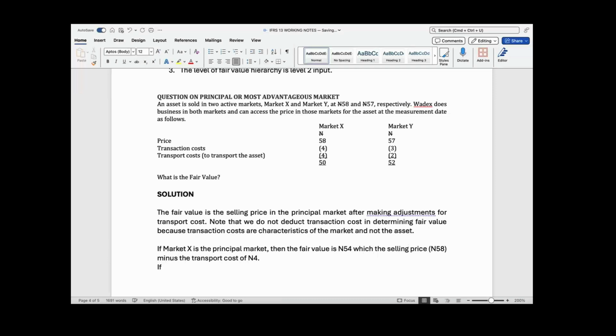Again, I will say if market Y is the principal market, then the fair value is 55 naira, which is the selling price, that's 57, minus the transport cost, which is 2 naira.